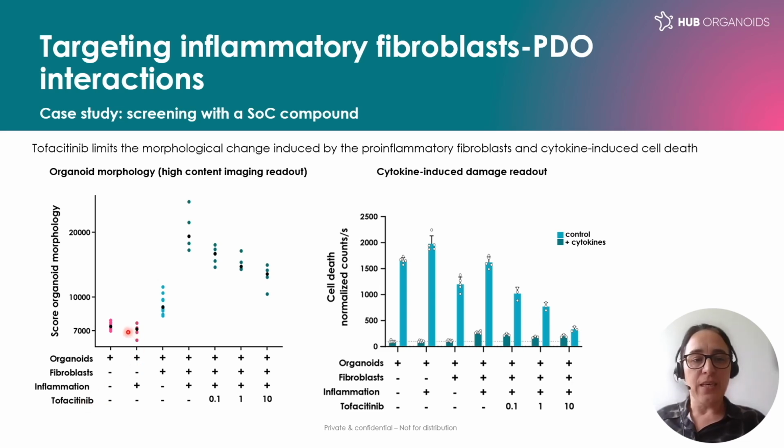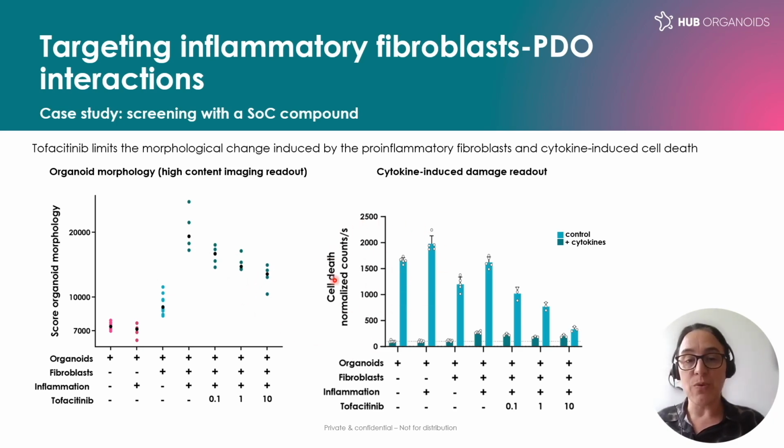We can see that the increase in organoid morphology change that I was referring to before can be reduced and minimized when we add tofacitinib in the co-culture, so the protective effect we saw for tofacitinib on barrier integrity in the monolayer experiment is also observed in this more complex assay, in which we are now evaluating the crosstalk between organoids and fibroblasts.